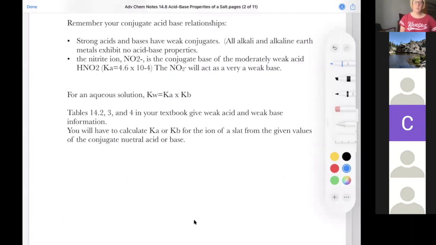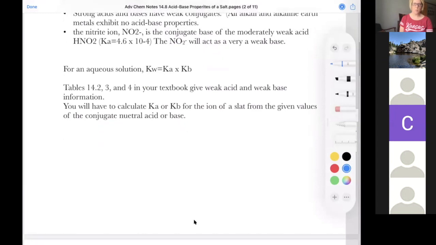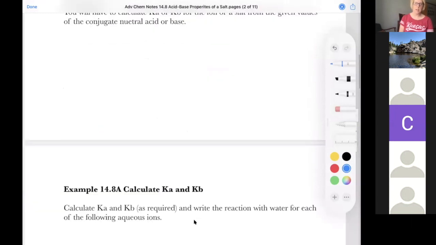When you have to calculate the Ka or Kb for the ion of a salt, you have to use the given values of a conjugate neutral acid or base. So we'll practice all these, of course.